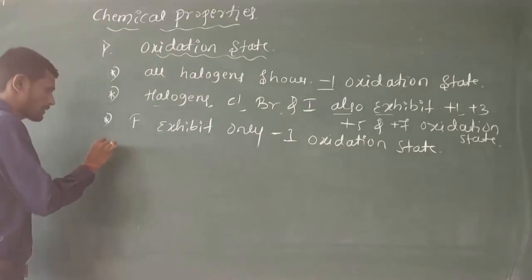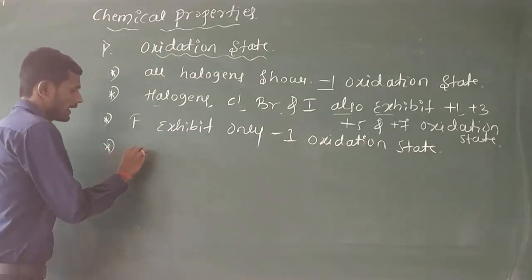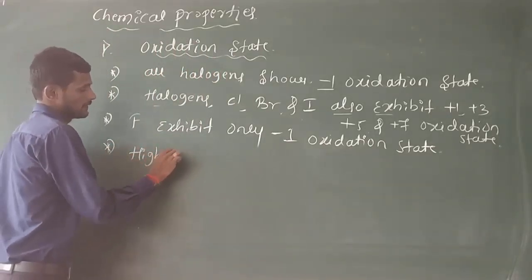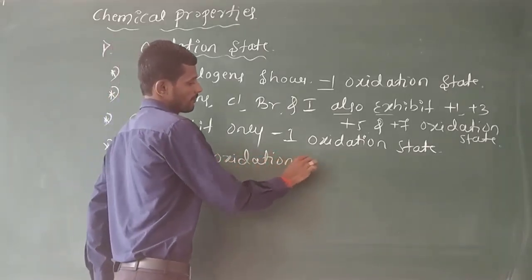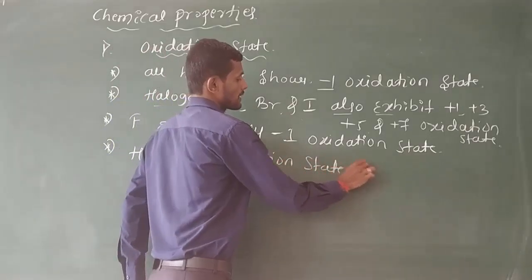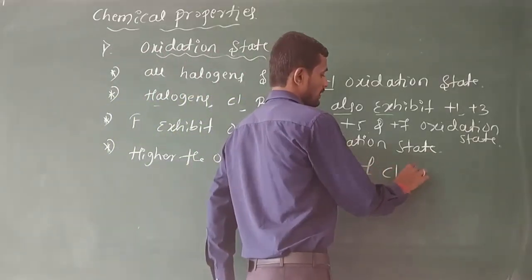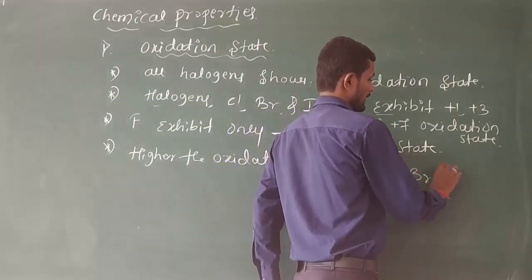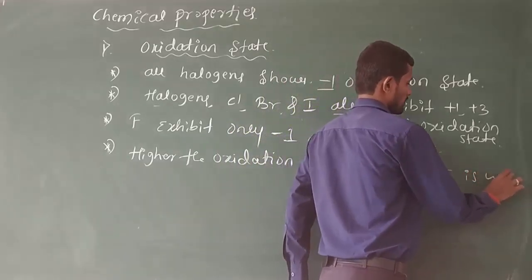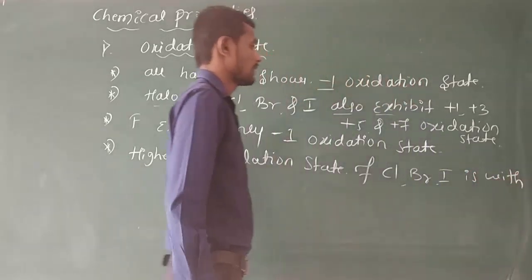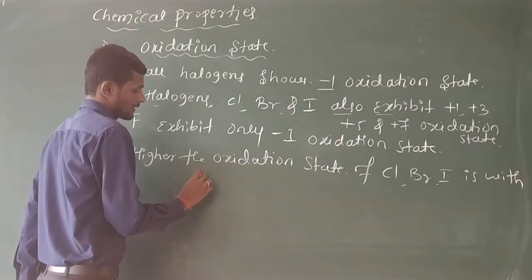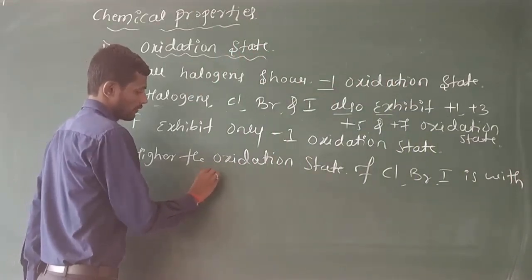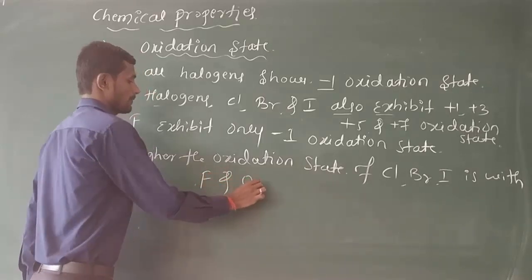Students, next point, the higher oxidation state of Cl, Br, iodine is observed with elements like fluorine and oxygen.